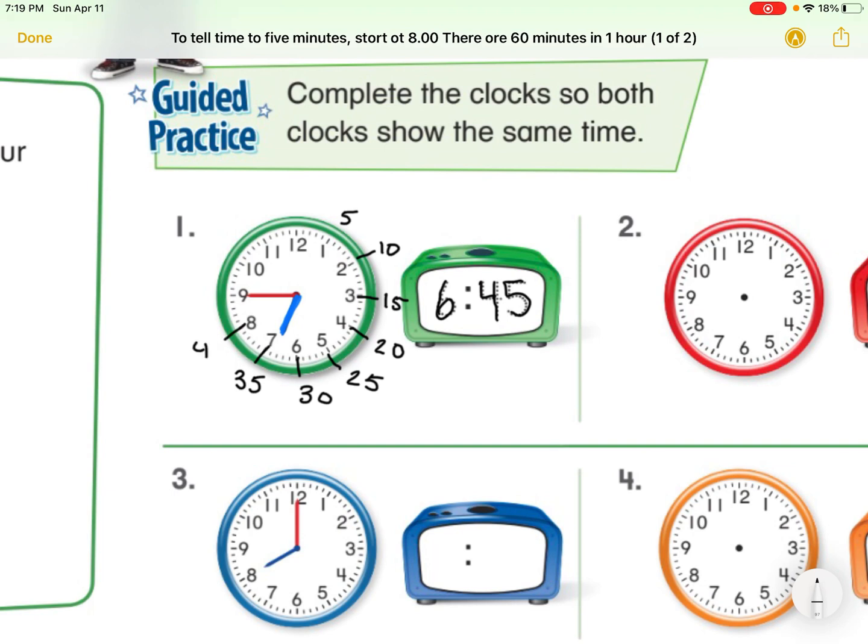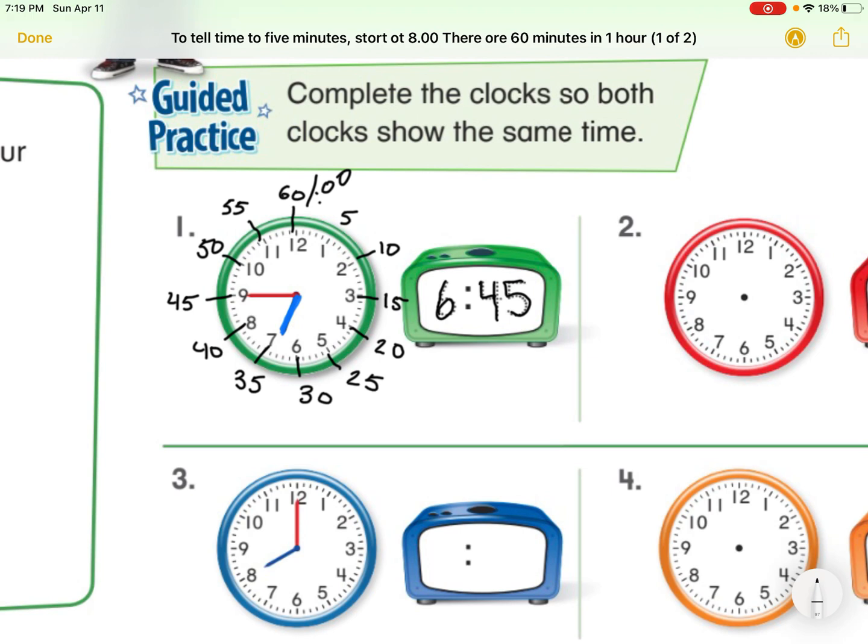The 8 is 40. The 9 is 45. The 10 is 50. The 11 is 55. And the 12 is 60 because there are 60 minutes in a whole hour. So when it hits 60, then we just say o'clock, where it will be the hour.